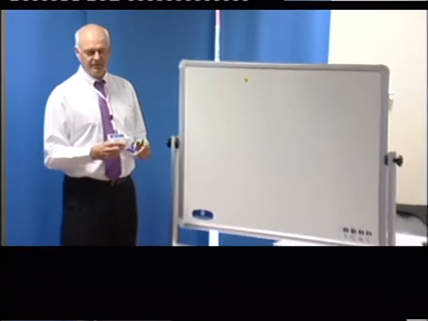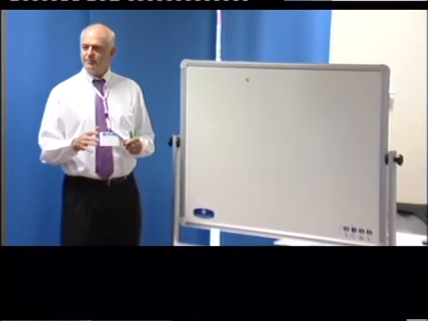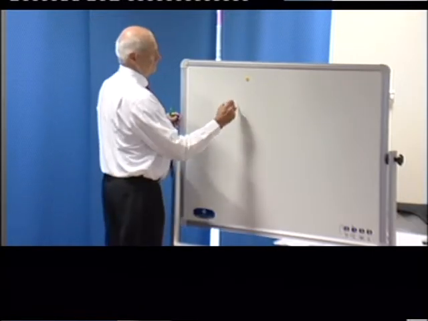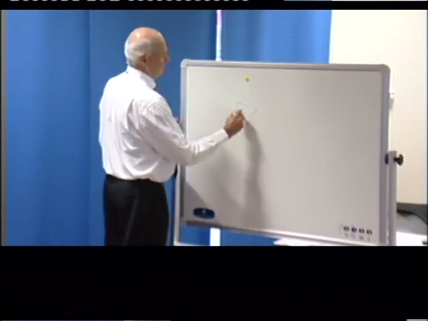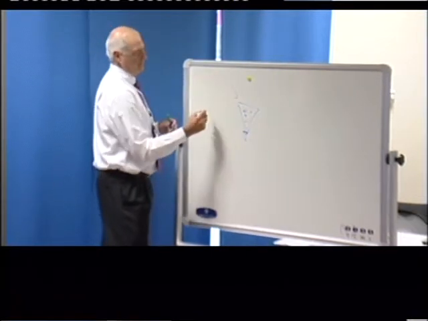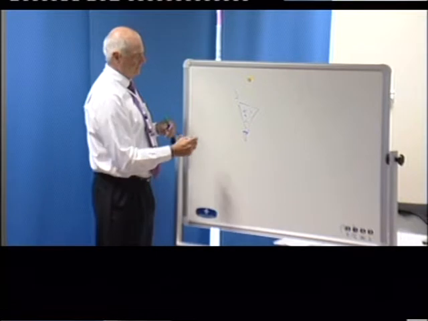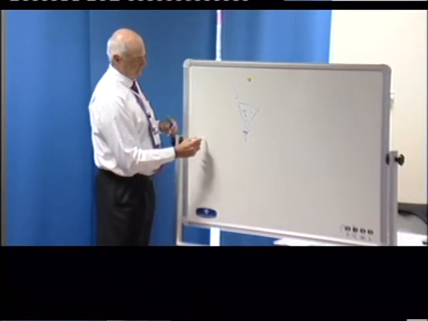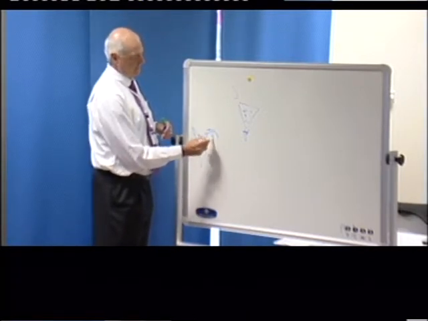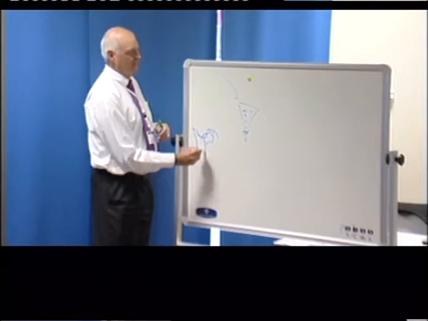I'm going to go through the shapes again. I've got the hip, trochanter.